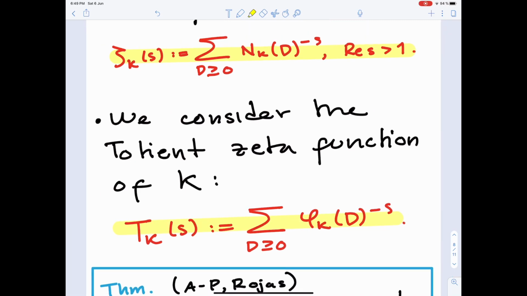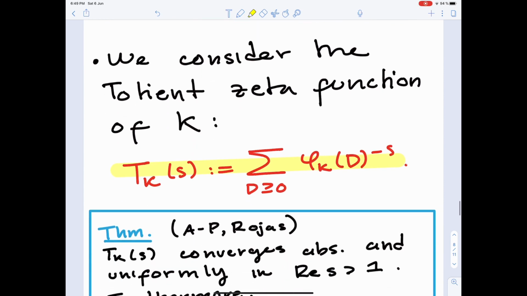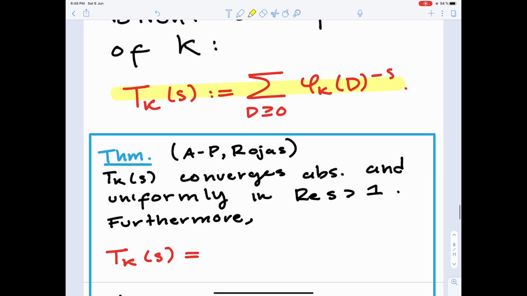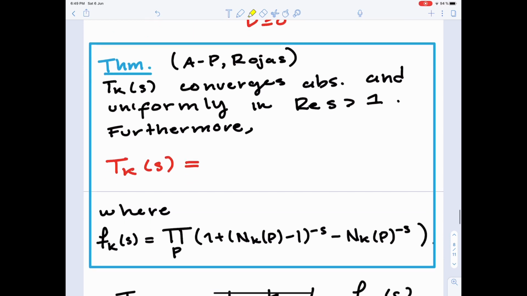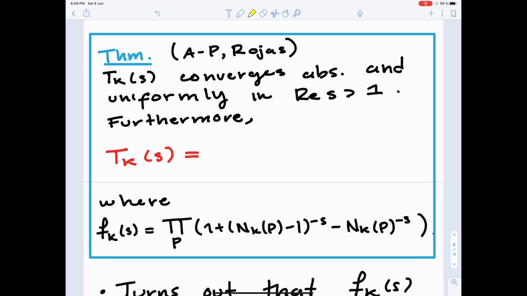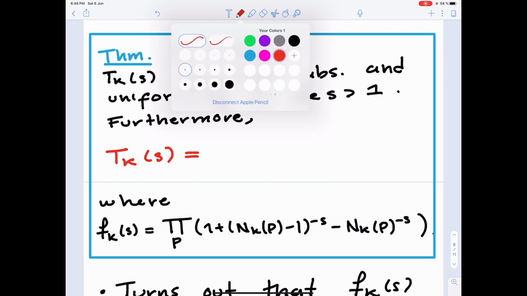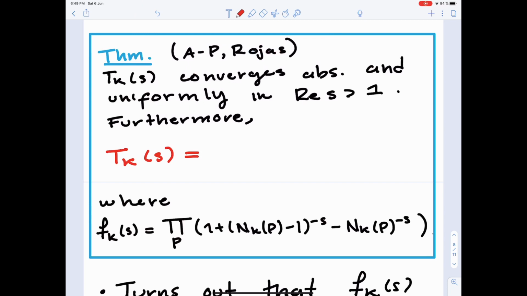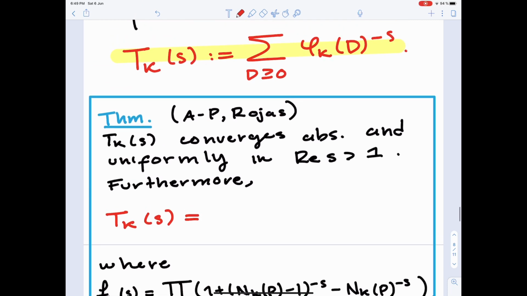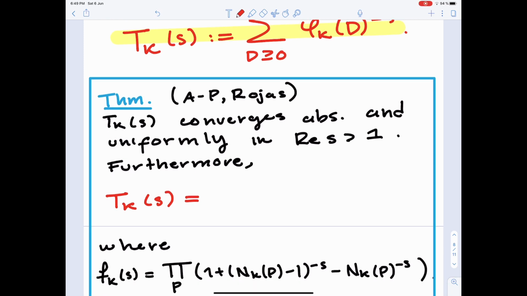And we prove some analytical properties of this function following the results of Bateman. If we denote by T_K(s) the totient zeta function, then we prove that this series converges absolutely and uniformly on the half-plane real part of s greater than 1.